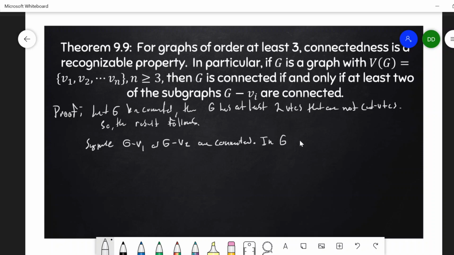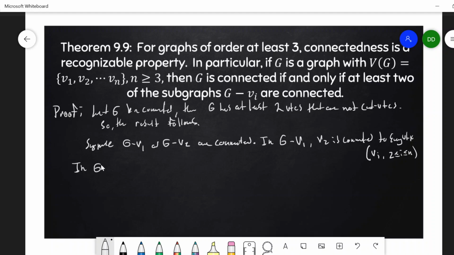That's a connected graph, so V2 is connected to every vertex V sub i for i between 2 and n. We can't say it's connected to V1 yet because V1 is not in the picture, but it is connected to all the other ones since G minus V1 is connected.